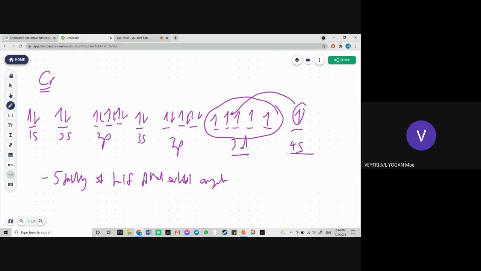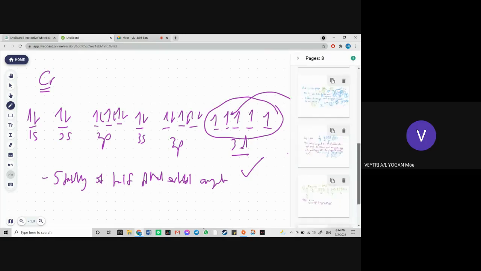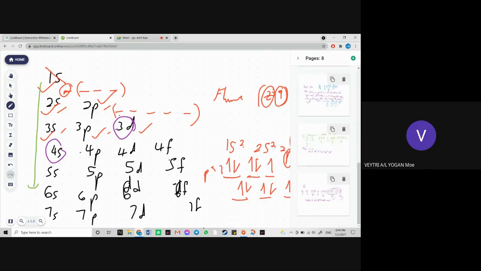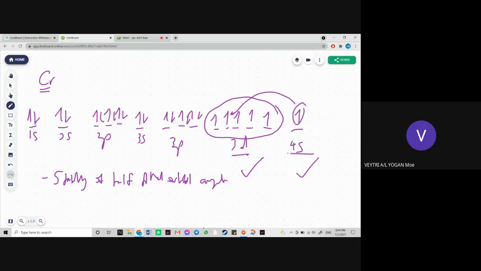Okay? Since the 4s and 3d energies are very close, okay, the energies are very close. How do you know? Because here we already discussed 3d and 4s are very close. Because after 3d is 4s, right? Okay, since the 4s and 3d energies are very close, one of the electrons from 4s2, which should be 2, is able to jump to fill the partially filled orbital of 3d4.